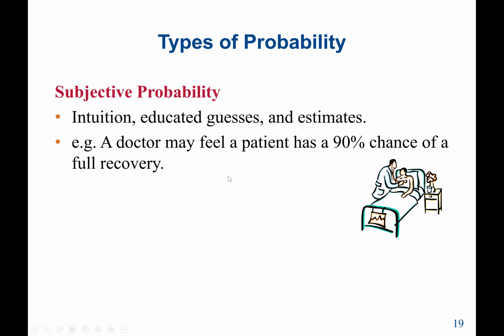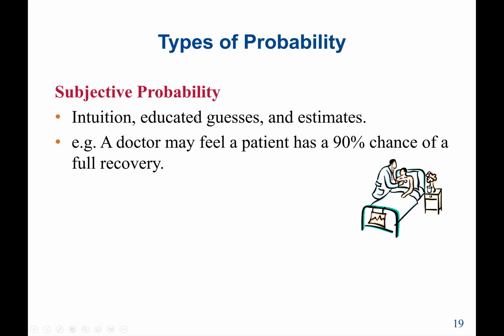For example, let's say the Yankees baseball team has won the World Series 10 times in the last 20 years. Well, I can't use empirical probability and say that, okay, out of 20 they won 10, so this year they have a 50% chance of winning. No, we cannot. That's empirical probability.